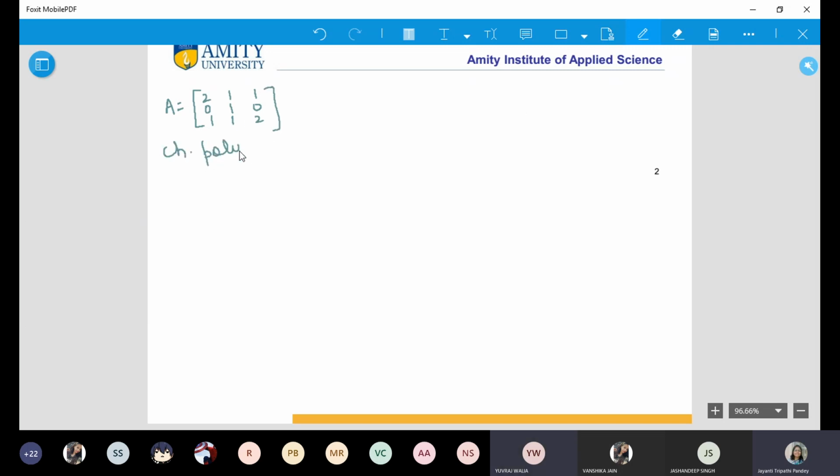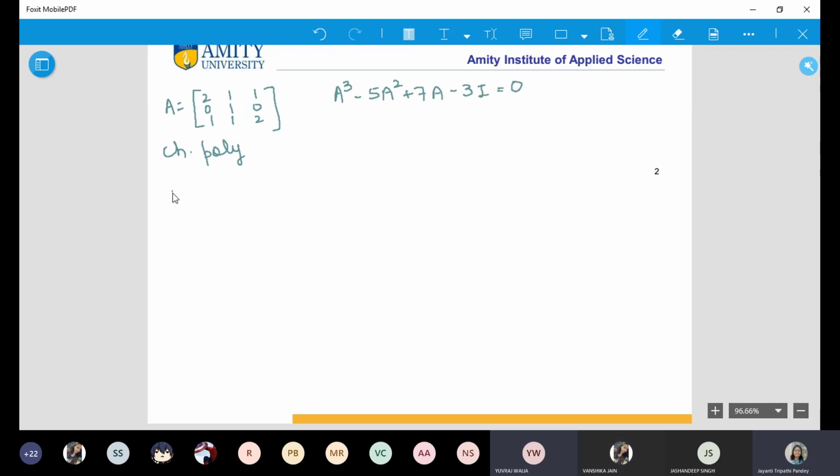Ma'am, A cube minus 5A square plus 7A minus 3I.